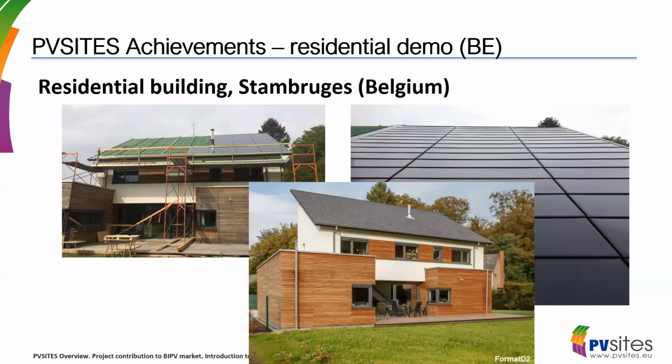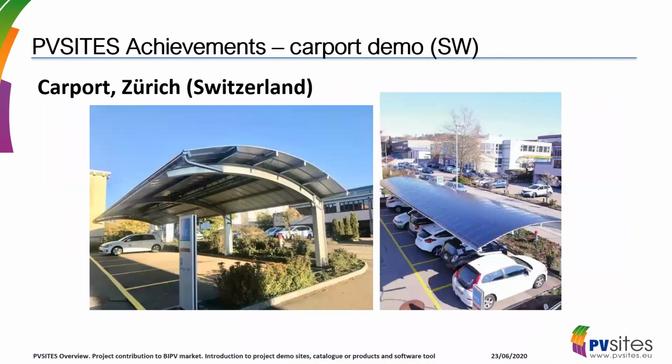So this is the single family residential building in Belgium. It has been a retrofitting of the roof, and here we have installed the CIES tiles with this very nice aspect at the end. This is a carport in Zurich. In Zurich we have developed 2 different carports.